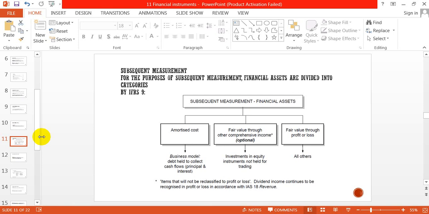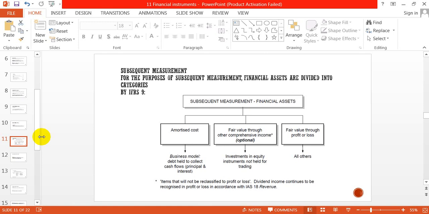Okay, we continue with subsequent measurement. The other is equity. If an entity has an investment in equity instruments not held for trading, this will be through fair value, through other comprehensive income.